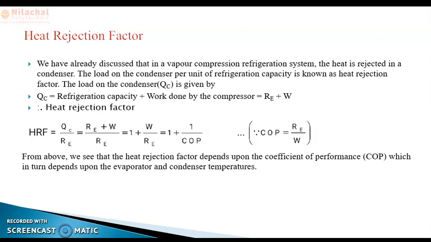So, in the condenser, you calculate the heat rejection factor, or heat rejection ratio. The heat rejection ratio is defined as the load on the condenser per unit refrigeration capacity.